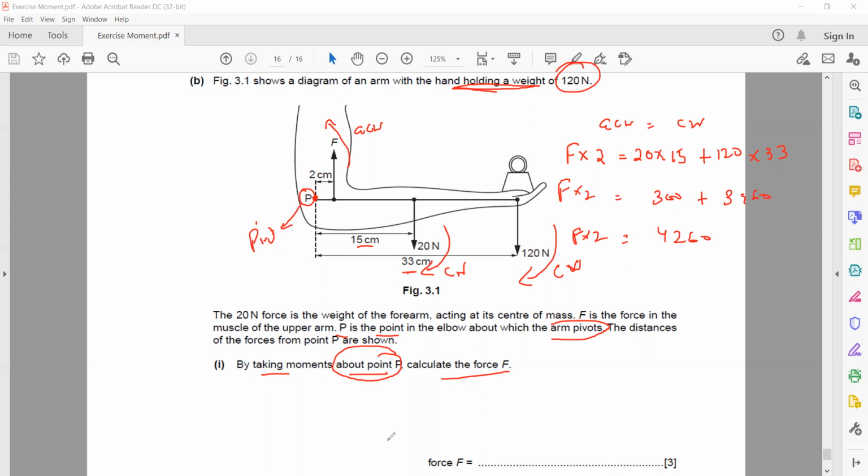This 2 is multiplied on one side, so on the other side it will divide. So 4260 divided by 2 is 2130 Newton. Because it's a force, the unit is Newton, not Newton meters. Is it clear?